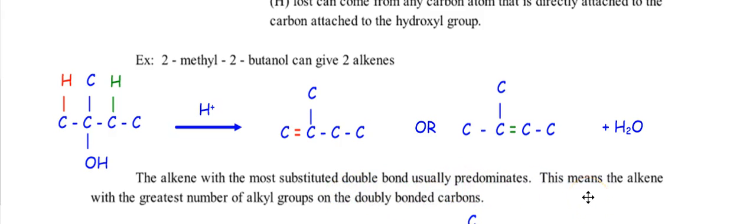This means the alkene with the greatest number of alkyl groups, of carbon groups, on the double bonded carbons. Here, I have no groups and two groups. Over here, this has two groups and this has one group. So which one predominated? This one, 2 + 1 = 3. That predominates.